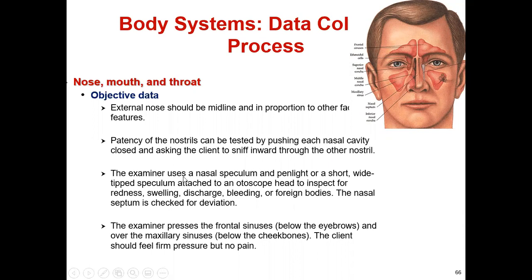The examiner uses a nasal speculum and a pen light, or a short, wide-tip speculum attached to an otoscope head, to inspect for redness, swelling, any kind of discharge, epistaxis or bleeding, or even foreign bodies.